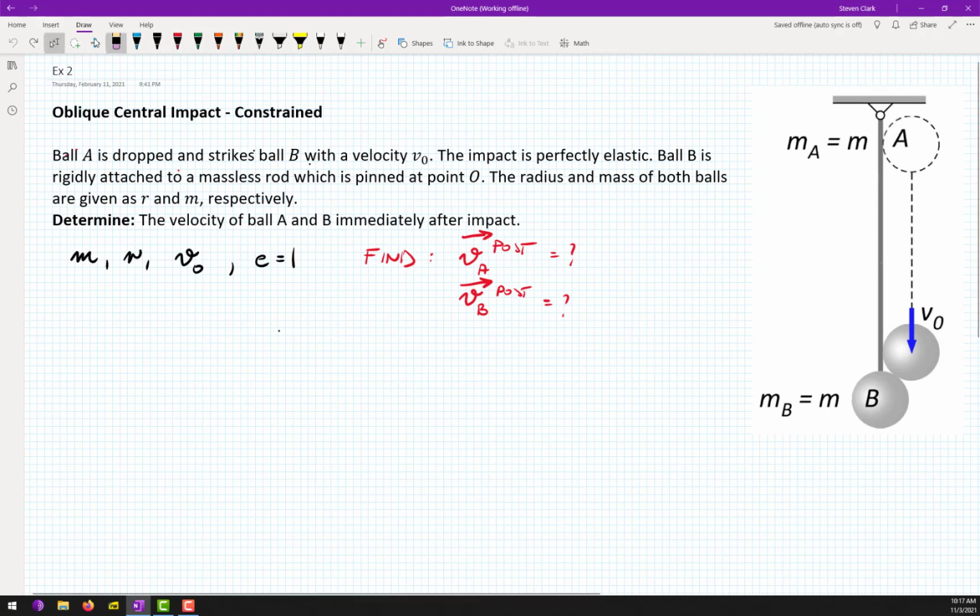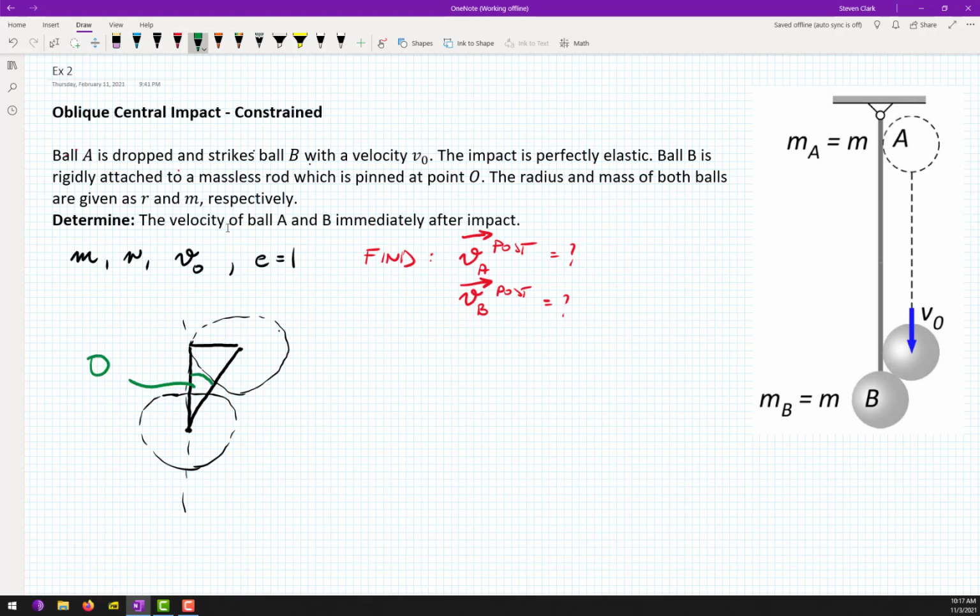Okay, so I would like to start our solution by figuring out one missing piece of information. So let's draw these two spheres during the impact. Okay, let's connect their centers, and let's figure out what this green angle is. Let's say theta.